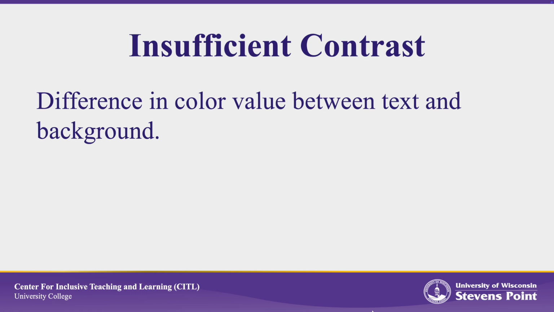This contrast is the difference in color value or darkness between the background and text objects, which influences how visible they are. The greater the contrast is, the greater the visibility and accessibility.